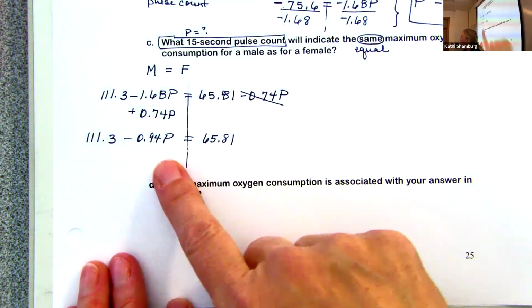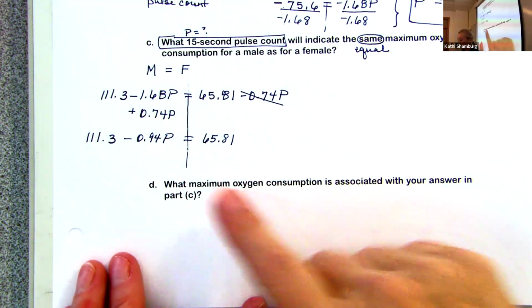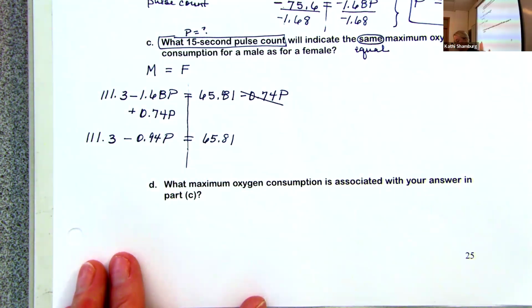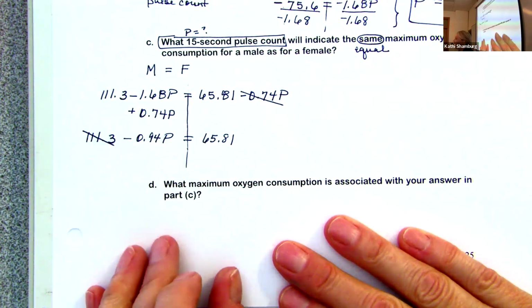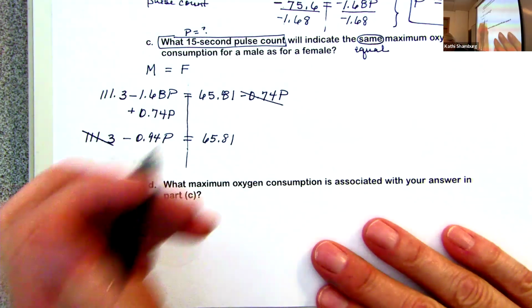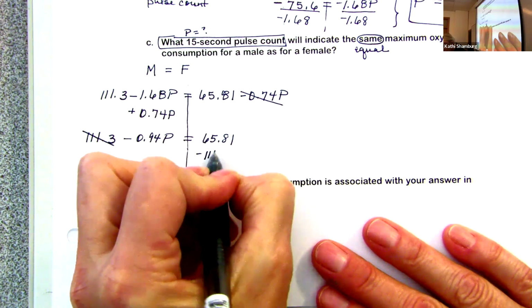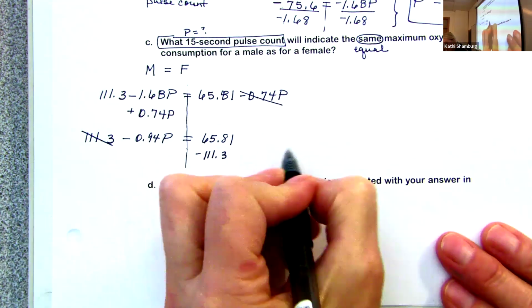All right, so now my P's are all on the left side. So I need to get that P term by itself. So what do I do on the right side if I eliminate it on the left side? I'm going to subtract it. So I'm going to subtract 111.3.